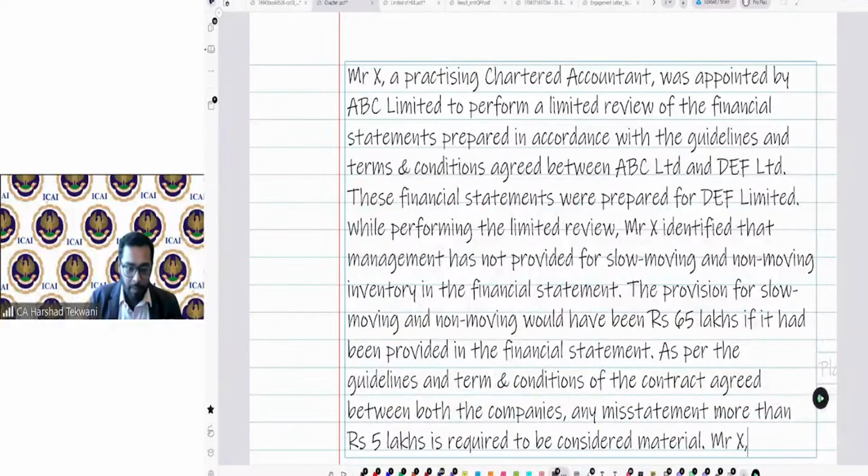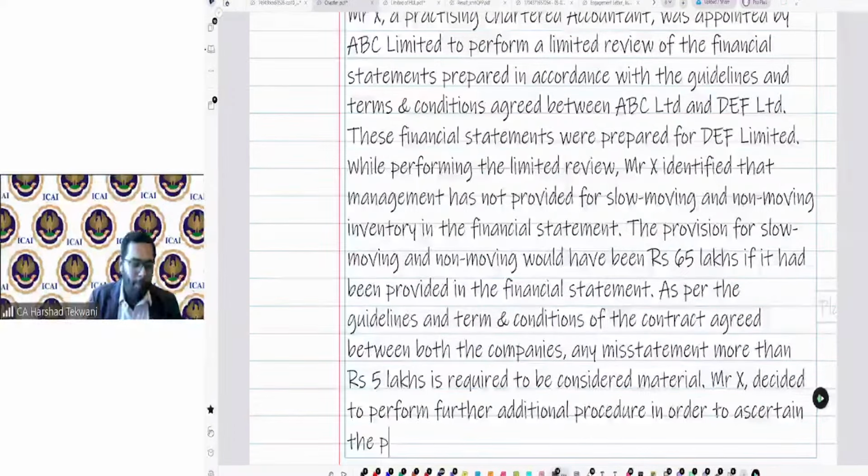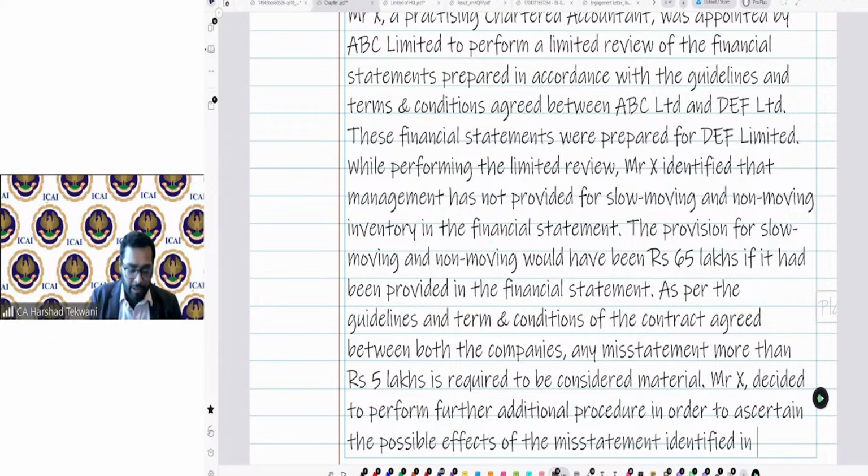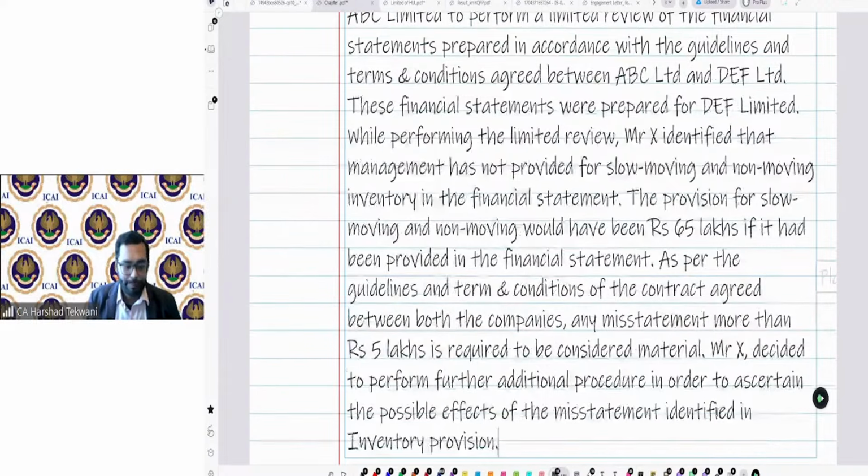Mr. X decided to perform further additional procedures in order to ascertain the impact, the possible effects of the misstatement identified in the inventory provision.